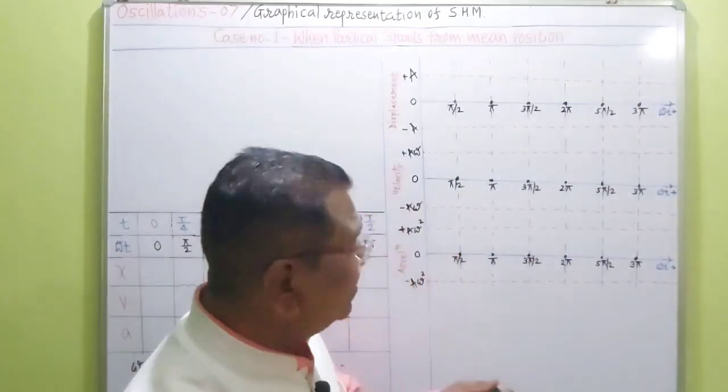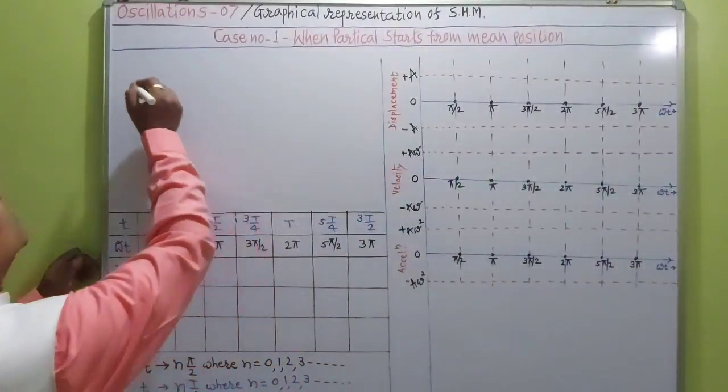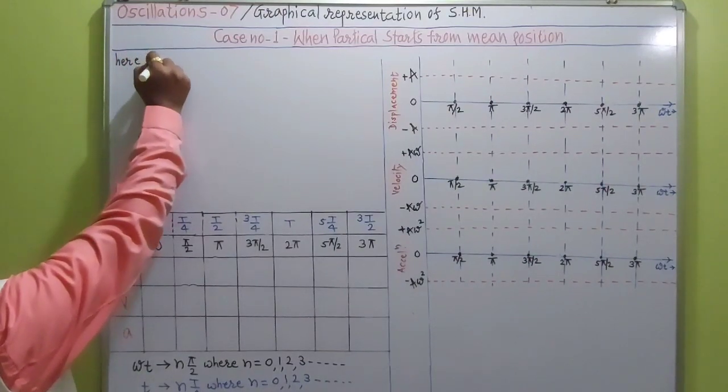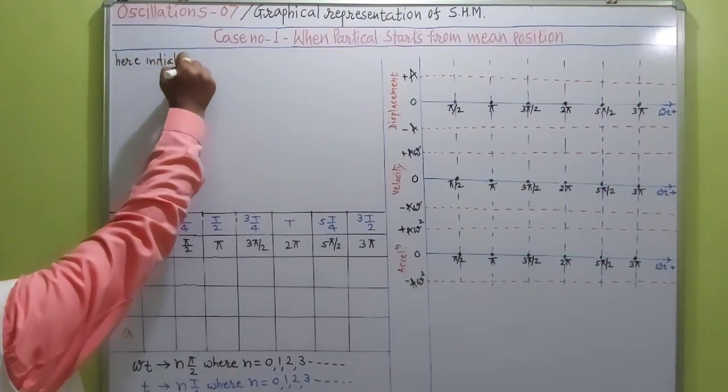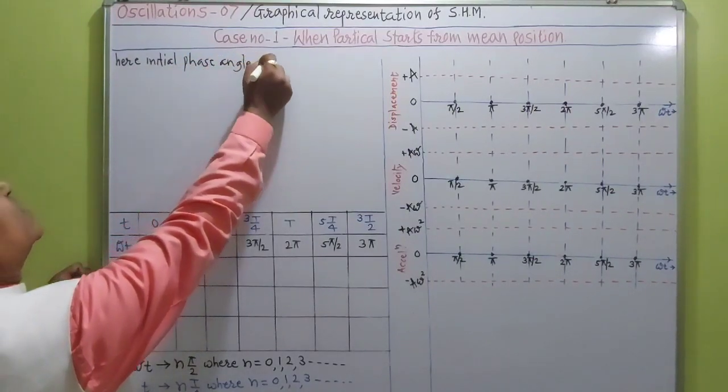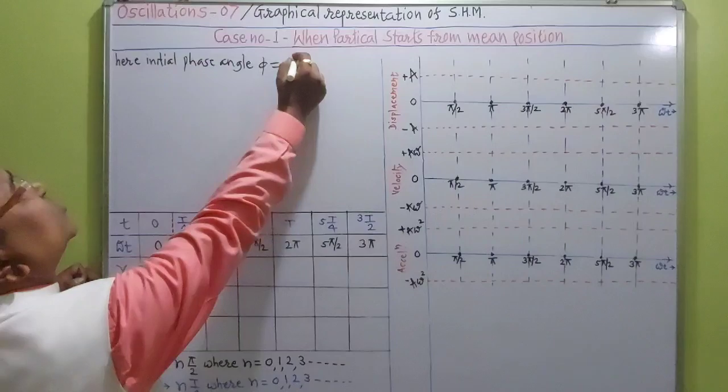I will write on the board: initial phase angle phi is equal to 0 degree.